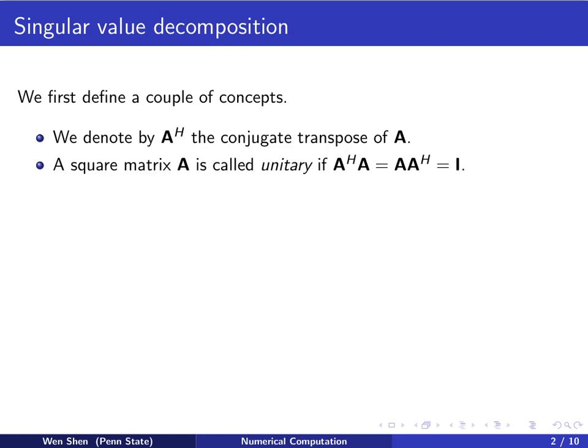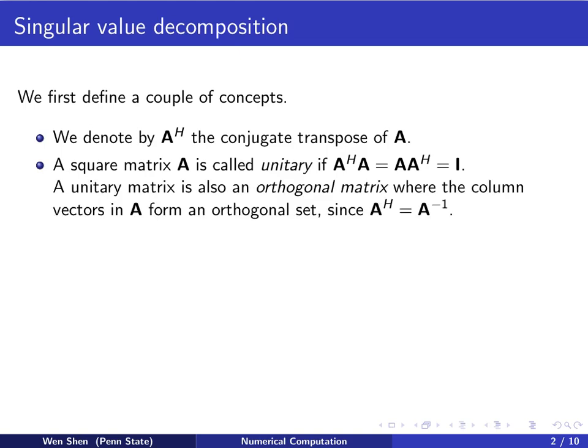A square matrix A is called unitary if A^H times A equals A times A^H equals identity. A unitary matrix is also called an orthogonal matrix, where the column vectors in A form an orthogonal set, and we have A^H equals A inverse.